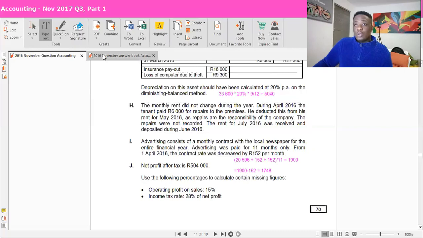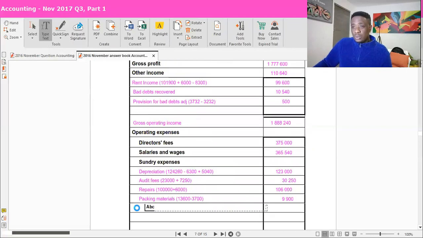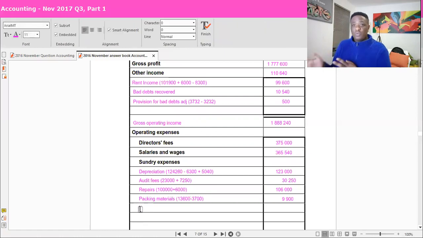And therefore, what we then need to do would be to come into our answer book here and take into account that advertising expense, obviously adding the amount that has been accrued for the following year, but not yet paid. So it will be an accrued expense if we were doing the balance sheet.